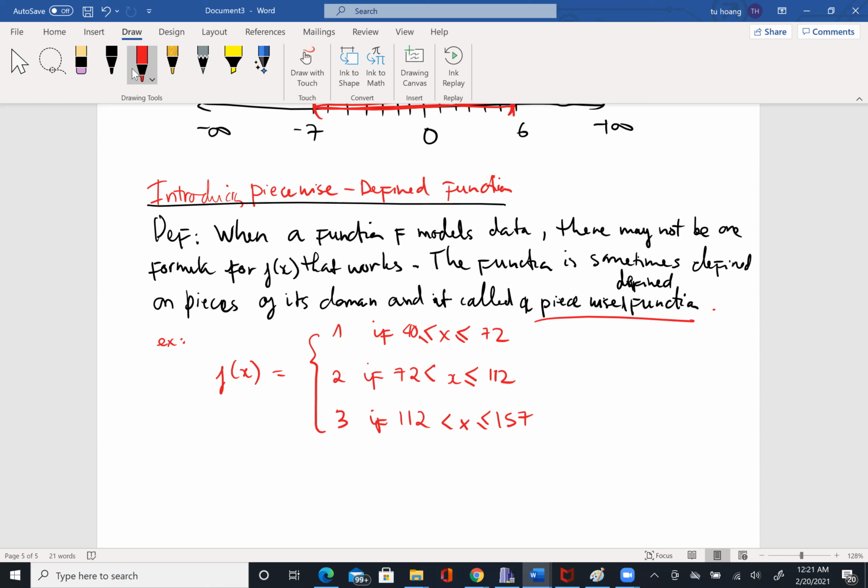So in here I say f is defined in 3 pieces over intervals of its domain.